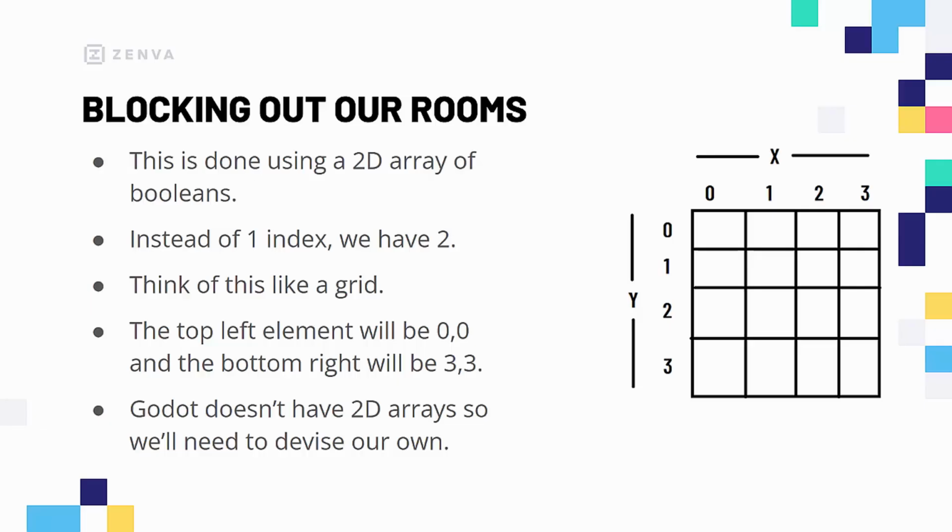We give an X, we give a Y, we get a specific element on that grid, and we can have our array act that way.